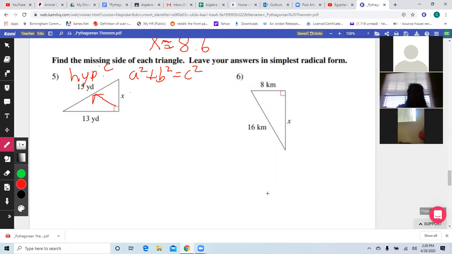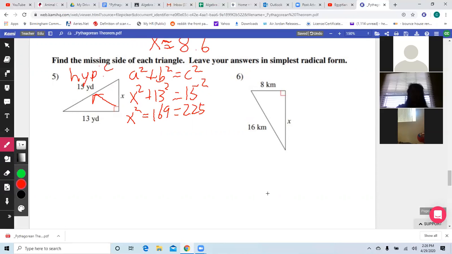So I'm going to do x squared plus 13 squared is equal to 15 squared. Now I just do the math here. 13 squared is 169. 15 squared is 225.